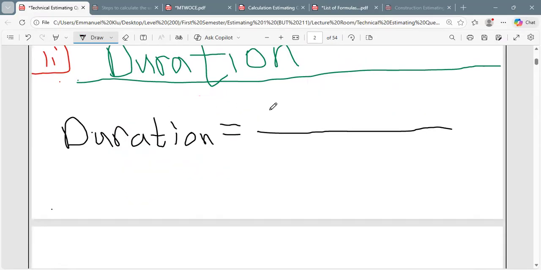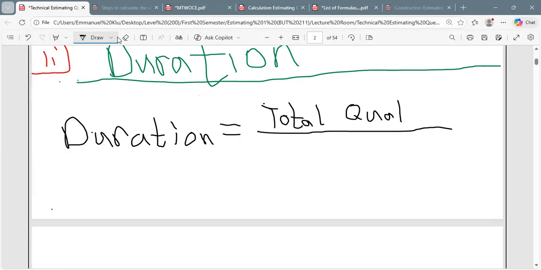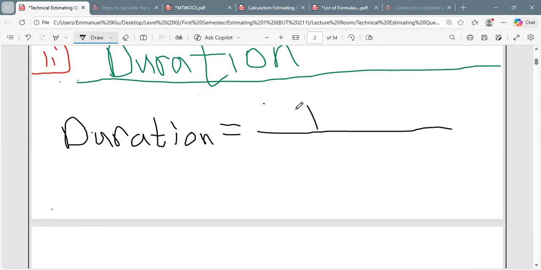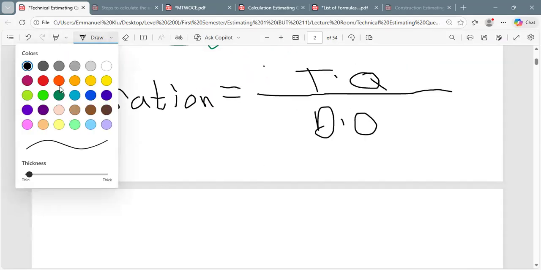So total quantity over the daily output. Okay, good. So now for the duration, we just have to fix in the formulas and we are good to go.